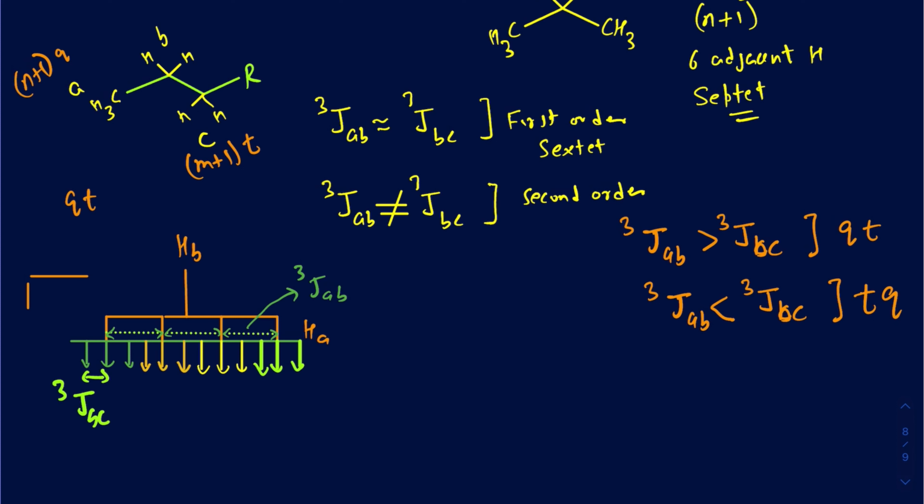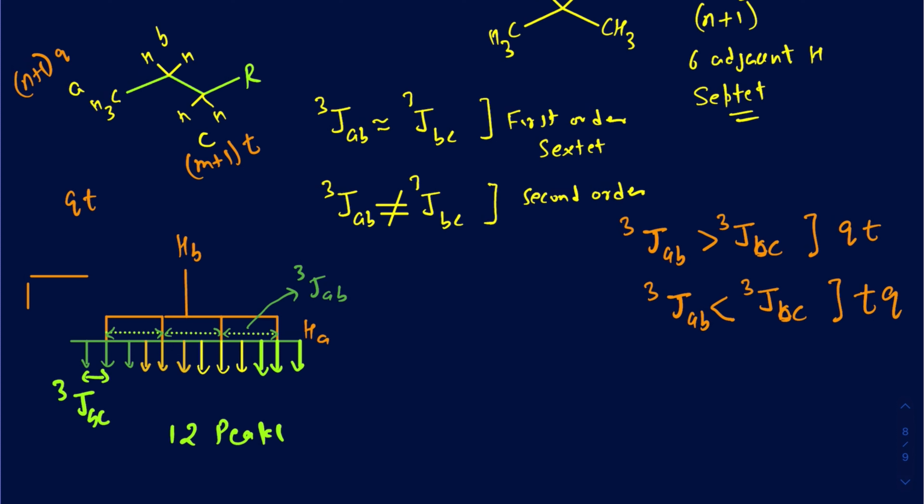But at the end of the day, if I want to count how many peaks I really got here, starting from the left to the right, that's 1, 2, 3, 4, 5, 6, 7, 8, 9, 10, 11, 12. So you actually have a total of 12 peaks in this particular one. In a second order spectrum you'd see 12 peaks.